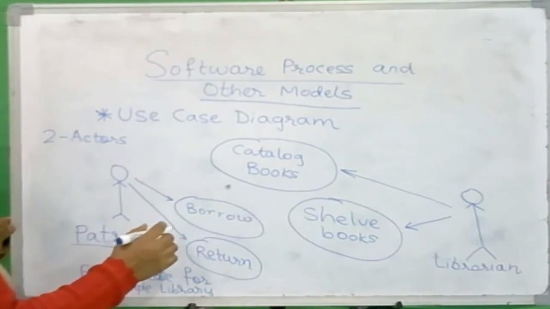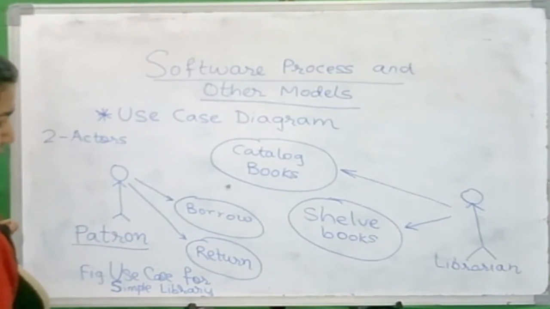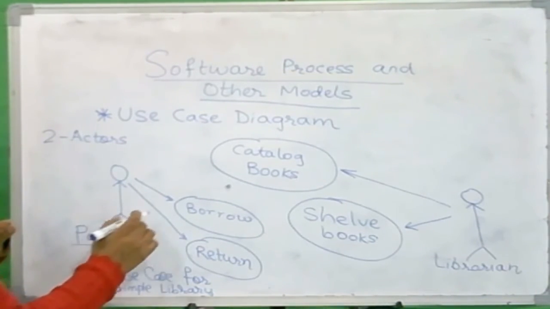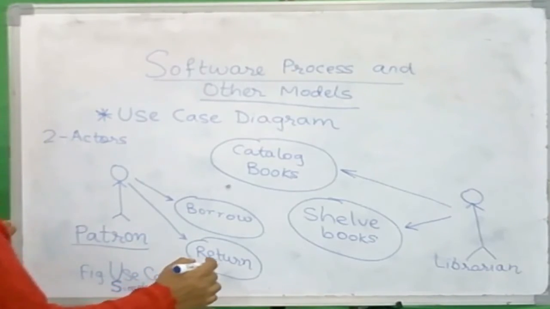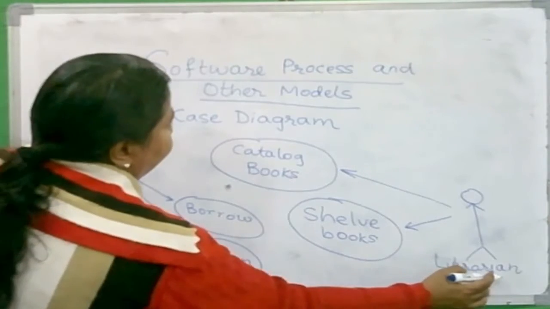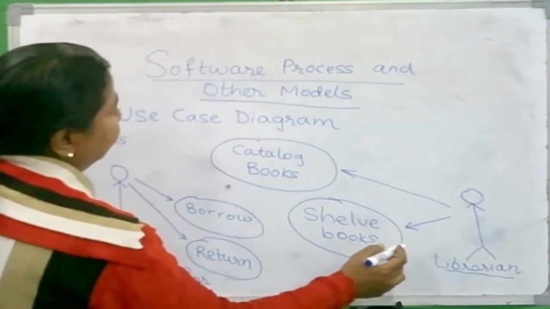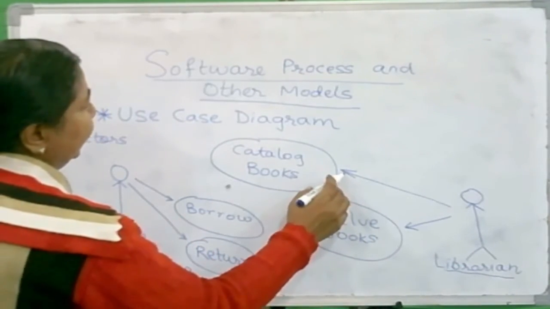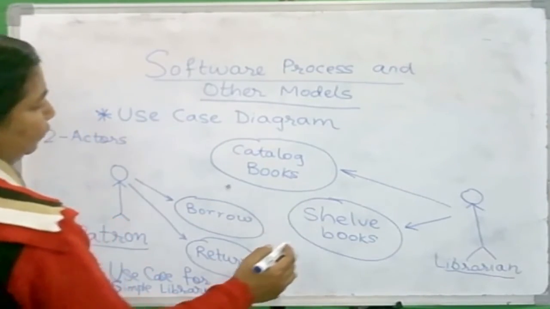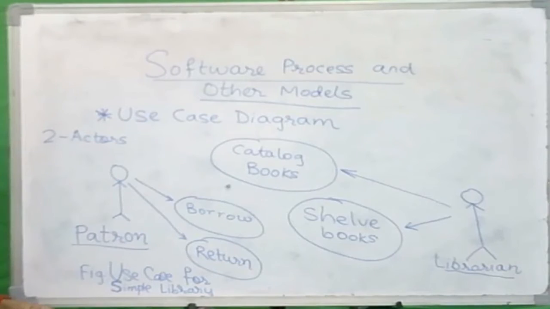So we have two functionalities related to this actor, patron: borrow and return. And we have another actor labeled as librarian, who maintains the functionality of catalog books and shelf books. So these are the functionalities offered by librarian. So this is a simple use case diagram.